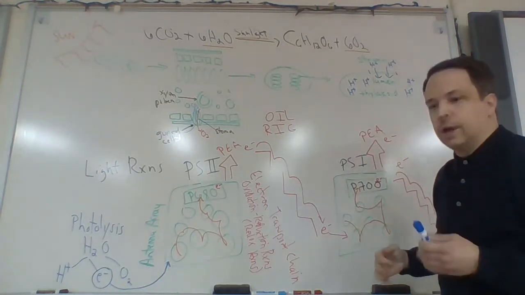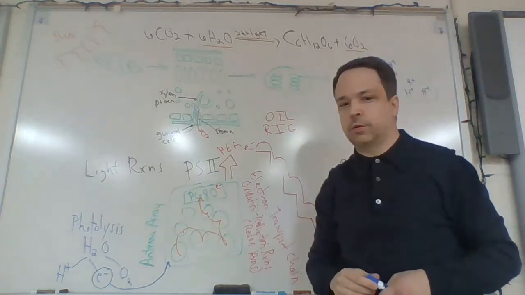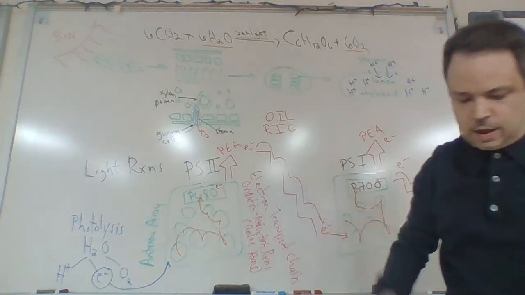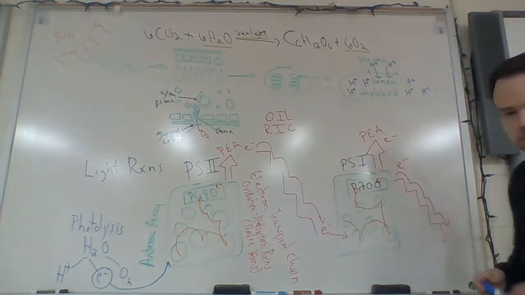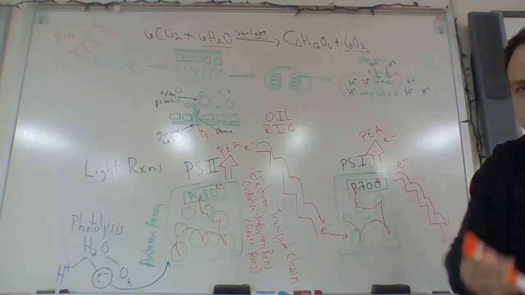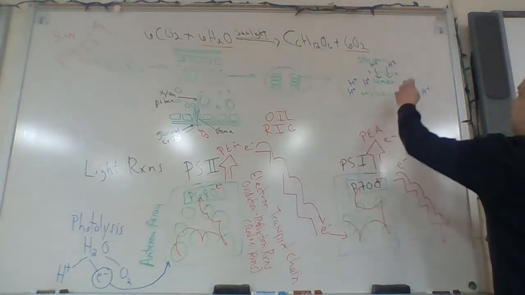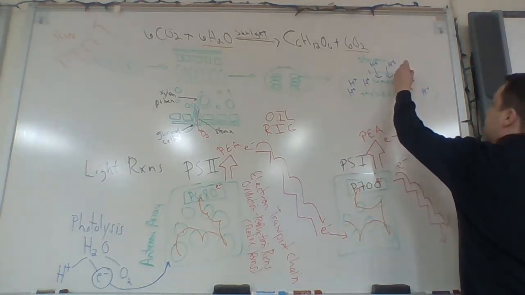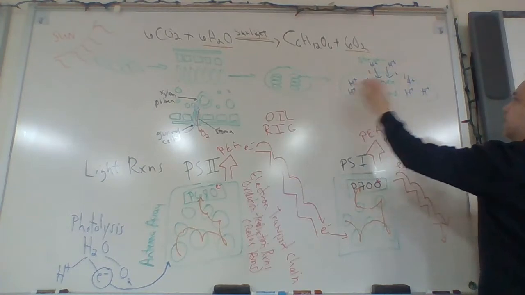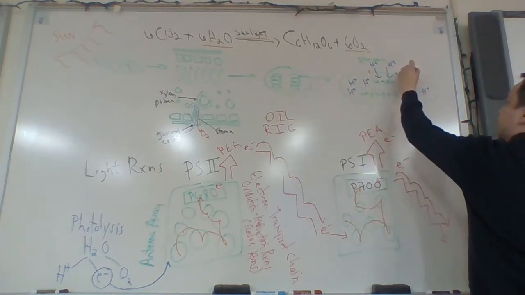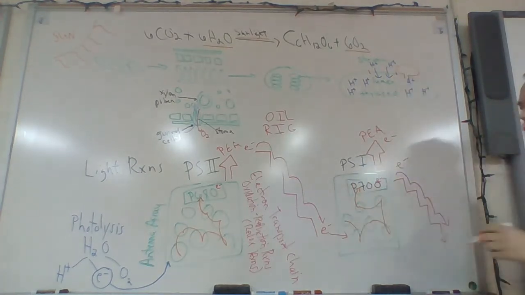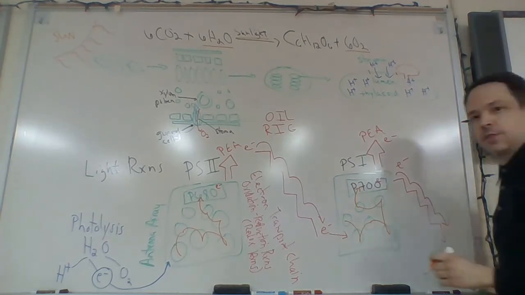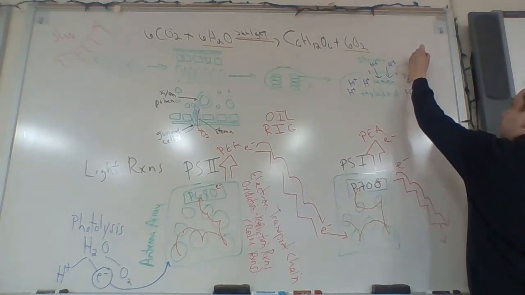They are eventually going to have to diffuse out. And what's really cool about this is they are going to diffuse through a molecule embedded in the thylakoid membrane called ATP synthase. Right? So ATP synthase.